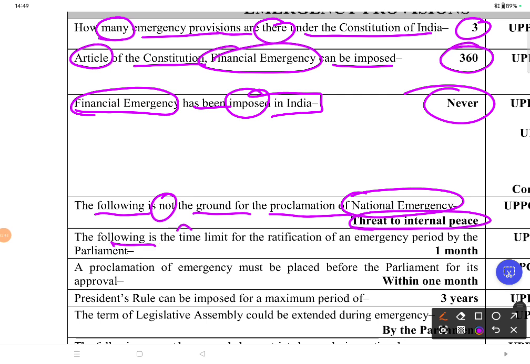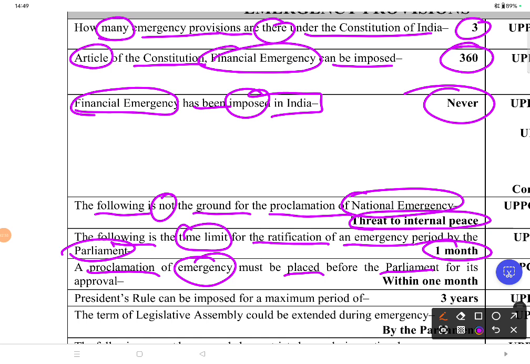The time limit for the ratification of an emergency period by Parliament is 1 month. The proclamation of emergency must be placed before Parliament for its approval within 1 month. President's rule can be imposed for a maximum period of 3 years.